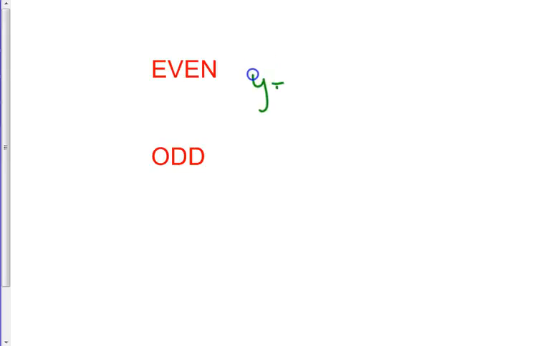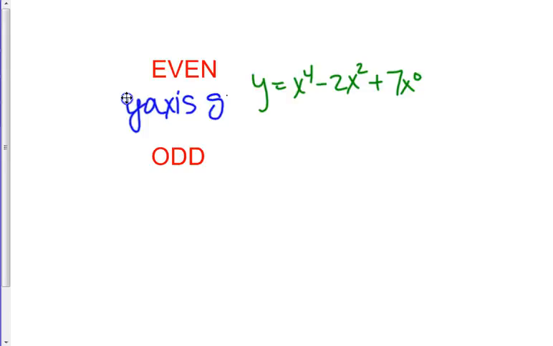Okay, so an example would be like x to the fourth minus 2x squared plus 7, because this has exponent 4, exponent 2, exponent 0. They're all even. But what did it mean to have that? Yes, this was y-axis symmetry, and odd was origin symmetry.